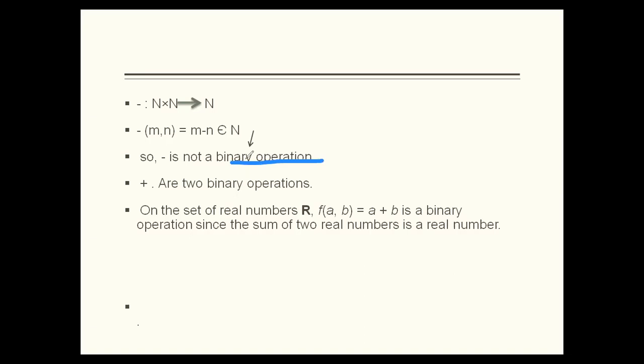Here you see our set remains the same but our operation changed, so the binary operation property also changed. So binary operation varies from operation to operation; maybe another operation satisfies it, or maybe another operation on the same set does not satisfy it. So you have to check the closure property of the set.